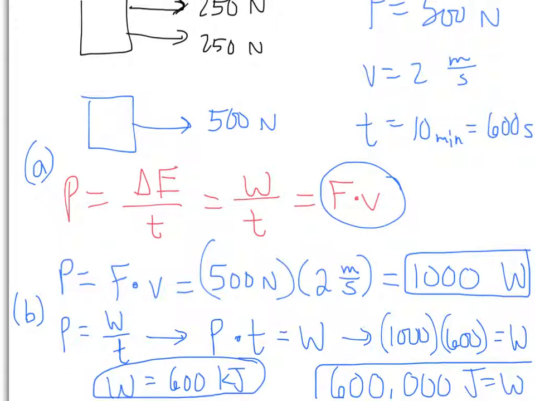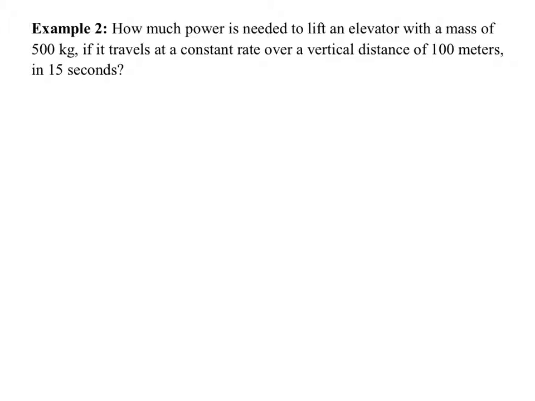Let's try number 2. Example 2 says: how much power is needed to lift an elevator with a mass of 500 kilograms? This is pretty reasonable. It's about 1,200 pounds, about the mass of an elevator. If it travels at a constant rate, which is not really true, because it does speed up and then slow down, but we can come up with an average rate, over a vertical distance of 100 meters in a time period of 15 seconds. 100 meters is around 300 feet.